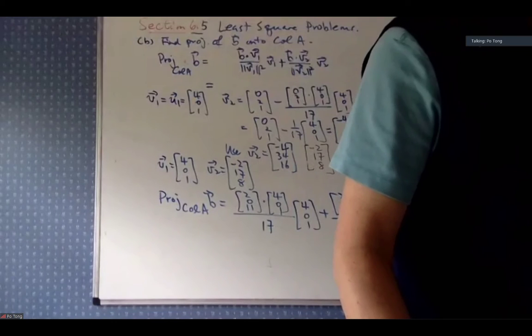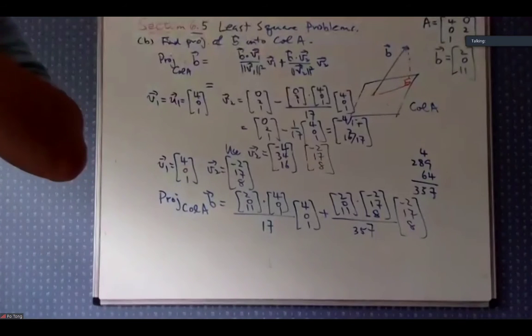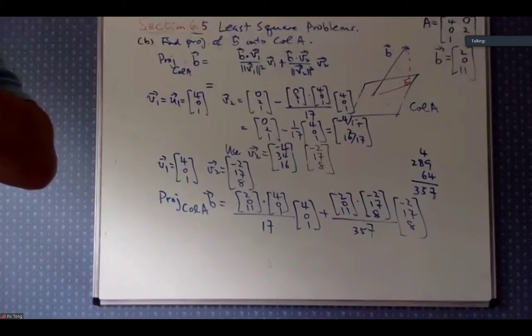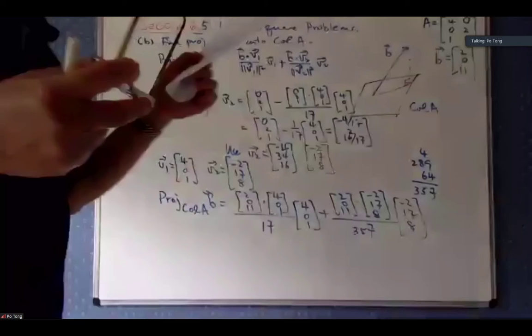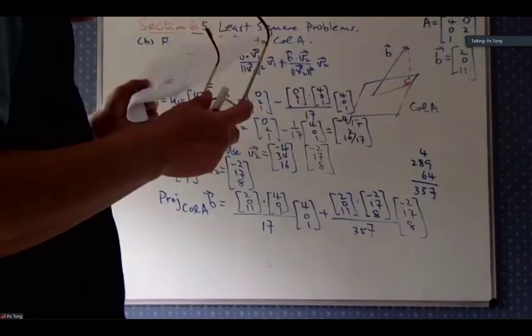Let me try to figure this out. It's not supposed to be so complicated. I just want to make sure my V2 and V1 are correct. So I have V1 equal to 401 and V2, I have minus 4 over 17, to 16 over 17. And that's supposed to be correct.